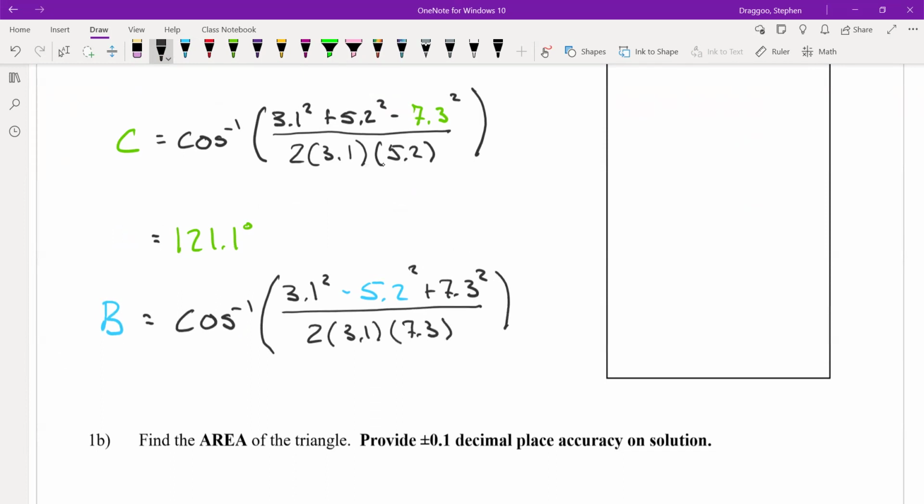So I'm using effectively the same formula I had in the step above, the one that I used to get angle C, but I'm changing it around to solve for angle B instead.